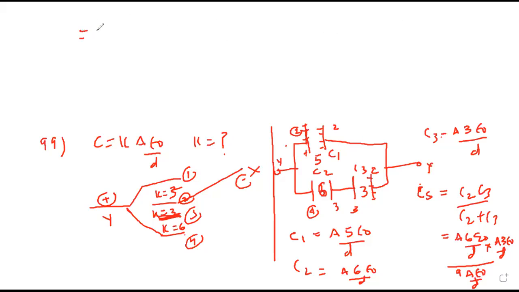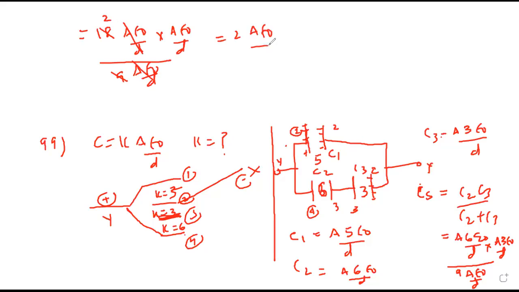That means 6 3s are 18 A epsilon 0 by D into A epsilon 0 by D upon 9 times A epsilon 0 by D. A epsilon 0 by D cancels, 9 into 15, that is 2 times A epsilon 0 by D. Then C parallel will become C1 plus CS.